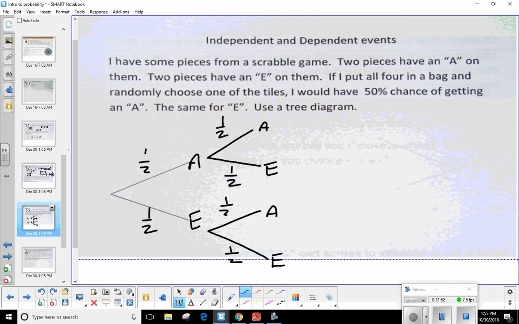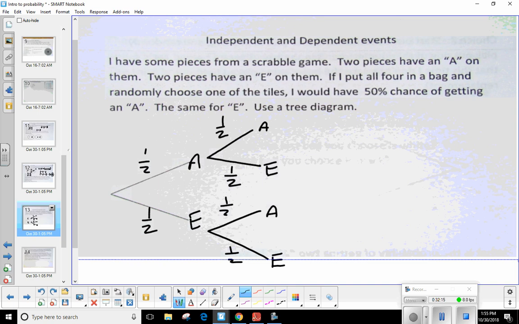Okay. Now, what do you think we're going to refer to this as? Would this be independent or dependent? Okay. What's that? Independent. Because the new probability is in no way affected by what previously happened. It's independent because I'm placing it back in there.